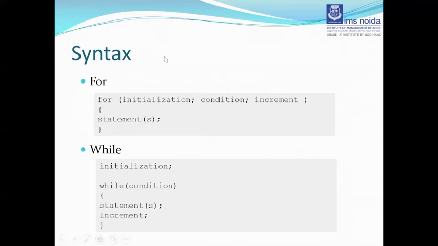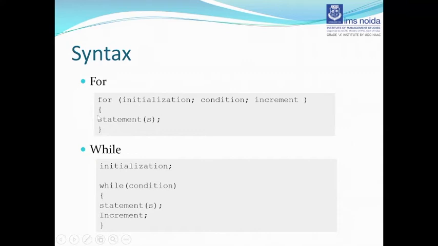You can see the syntax of the for loop. Initialization is the first thing you need to do. So for, left parenthesis, initialization, then a semicolon, then the condition, then a semicolon, and the increment, and the closing parenthesis. So all three things are done here only in the for loop. Then an opening curly brace and a closing curly brace.